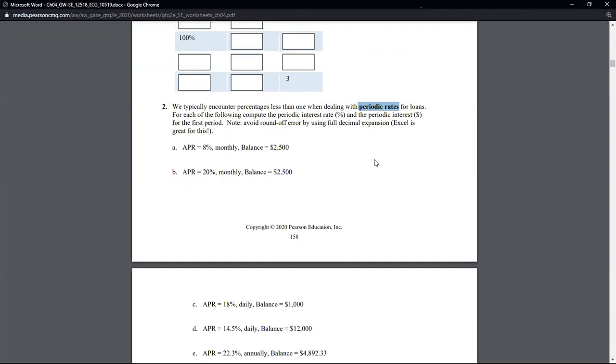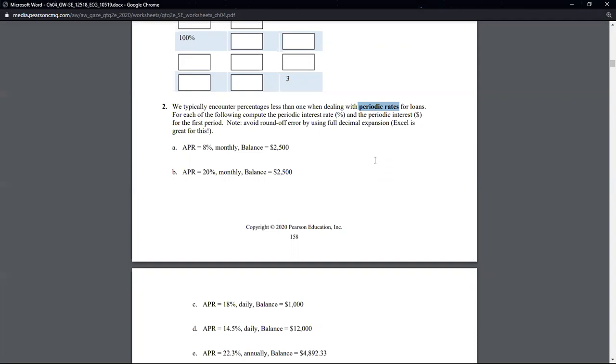But we know that when we compound monthly instead of yearly, we end up gaining a little bit more money. We did that at the very beginning of the semester. So these periodic rates are something we're going to see over and over moving forward. And these are typically smaller numbers because our annual rates are usually like 4, 5, 10, 20. And when you divide those by 12 or 365 or whatever, they become significantly small.